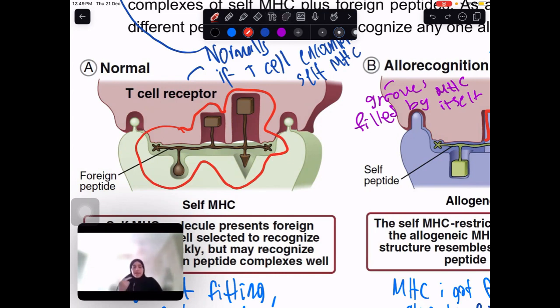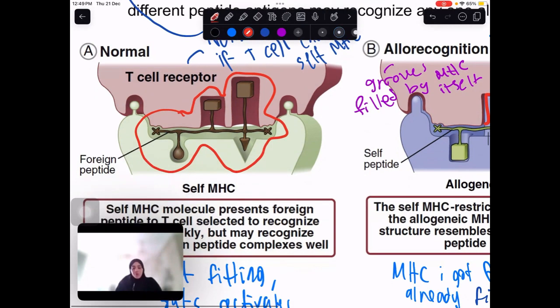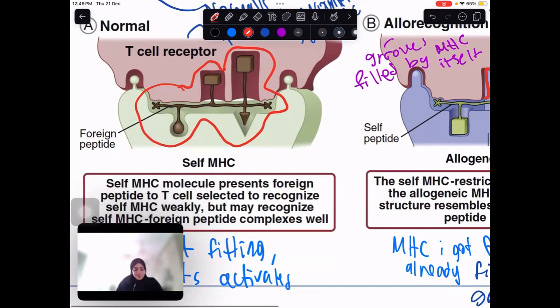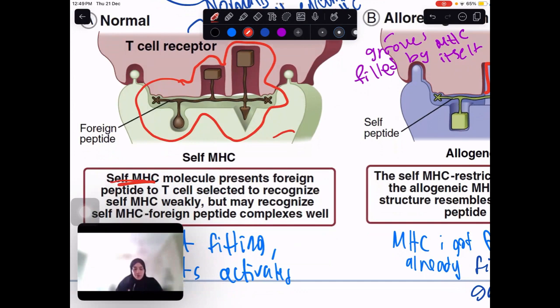But if it recognizes that this is a self peptide, what happens? Nothing. It will be anergic or whatever. So here, they're saying my own MHC, so these are my own DCs. I'm talking about normally, when I have sickness. Forget about graft and transplantation. I'm sitting normally, and I have some disease or some sort of antigen in me.